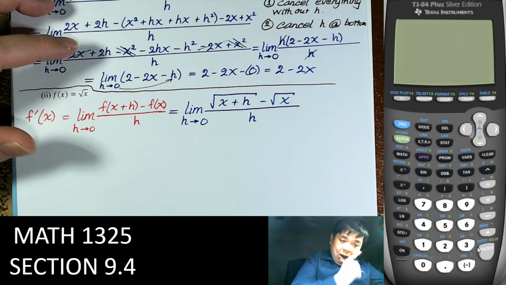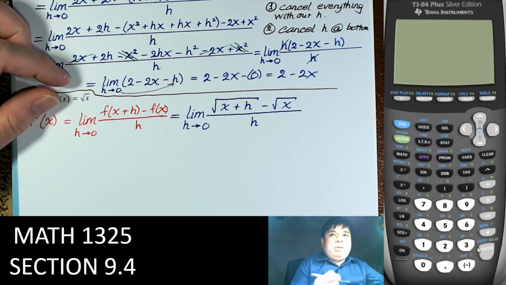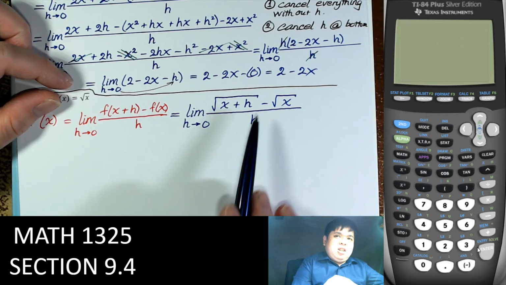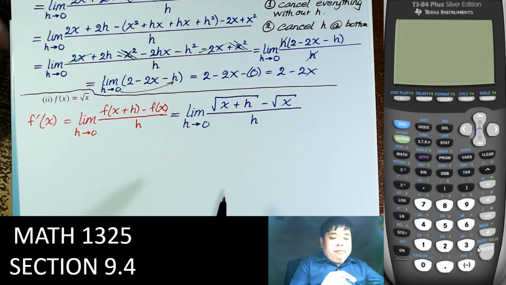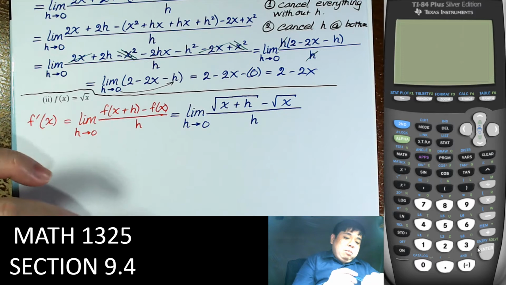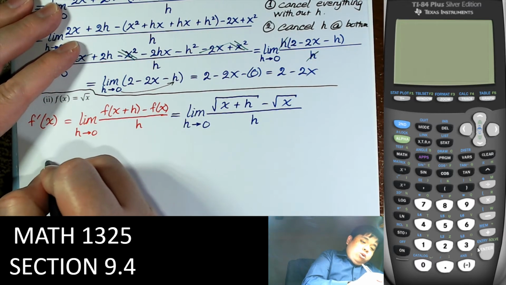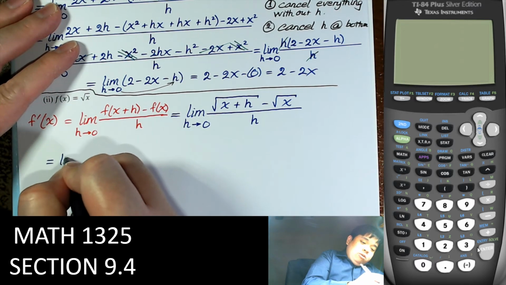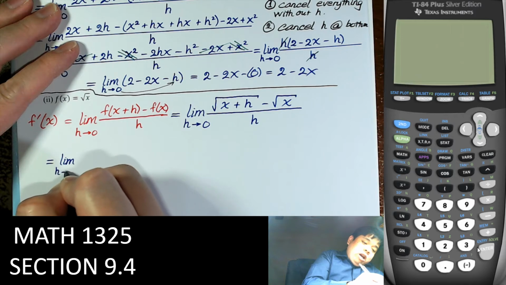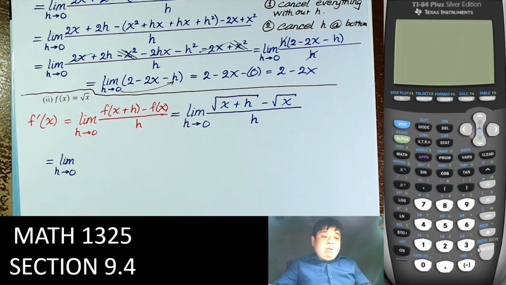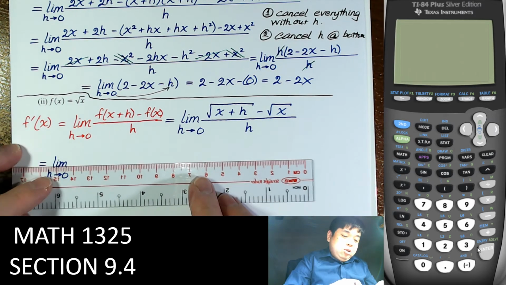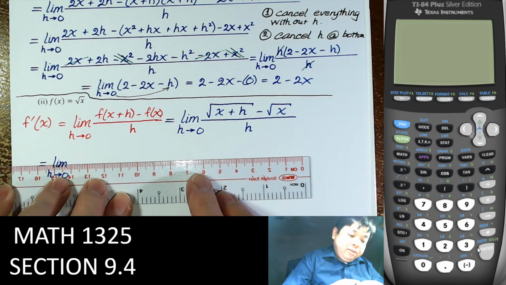Right. Now how do we find this limit? Of course, the first thing is we're going to put in 0, but there's still x in it. So what we do is, remember when we find a limit that involves a square root, we try to get rid of that. Same thing. We try to get rid of the square root. But to get rid of the square root, the best way is to multiply by the conjugate.